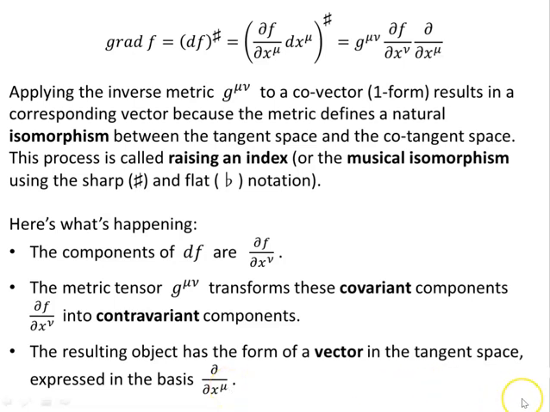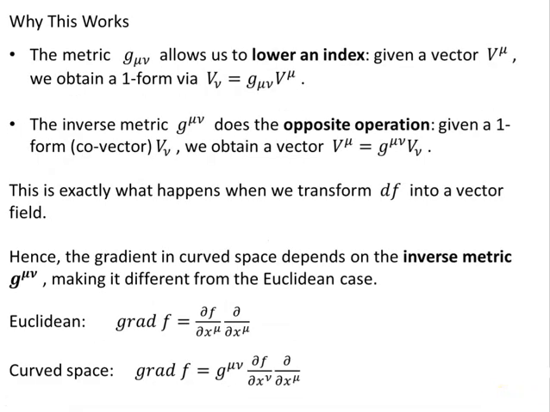All right. I've covered all these sharp and flat operations in a previous video more than once, so have a look there. Why this works: the metric g_μν allows us to lower an index. Given a vector with contravariant components v^μ, we obtain a one-form via the metric, which lowers that index to give us the covariant components.